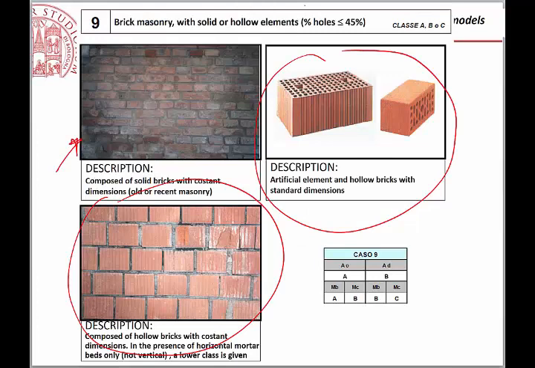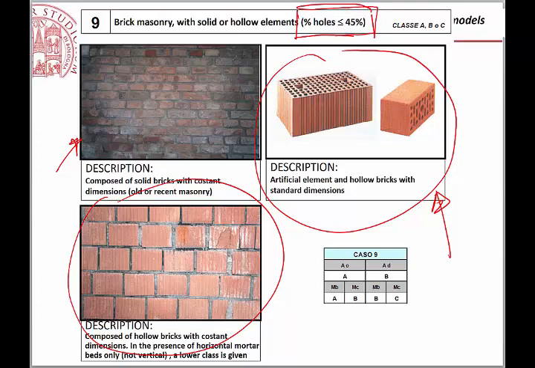What I want to put to your attention here is that also when we have new blocks, new bricks, the quality of the masonry can be good or not, depending especially on the percentage of holes.